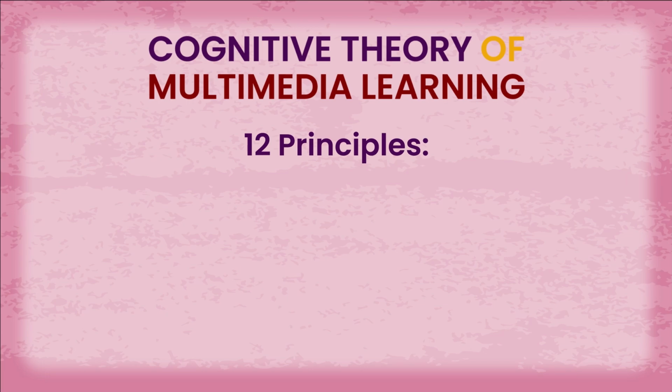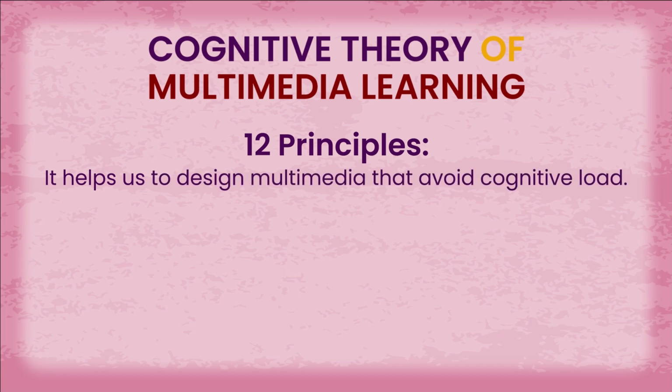These 12 principles help us to create good quality multimedia that work as how human minds work. It helps us to design multimedia that avoid cognitive load, so the viewers or users can grasp or process the information from the multimedia we created efficiently and effectively.